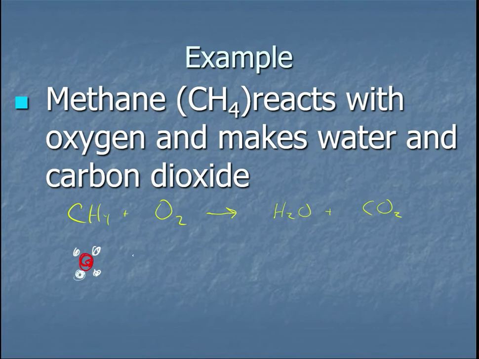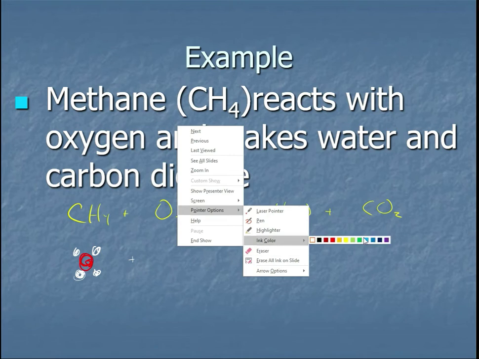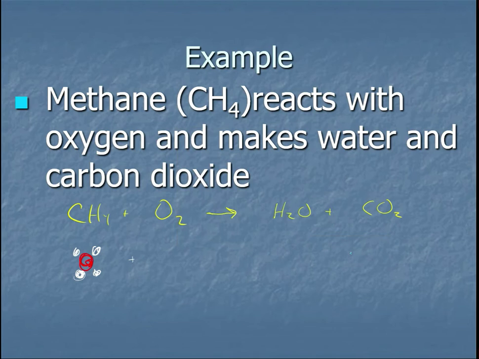There we go. And then oxygen. We need another color for the O's, so we'll make that one blue. It doesn't work real well with this background, but we can make this work. Now notice there's O2, so there's 1, 2, and they're connected together.